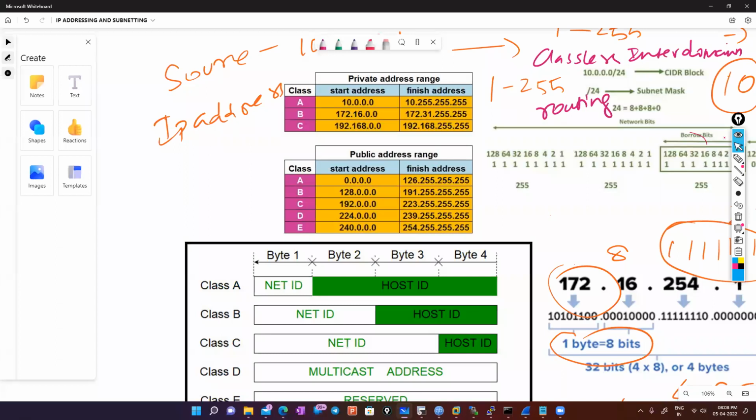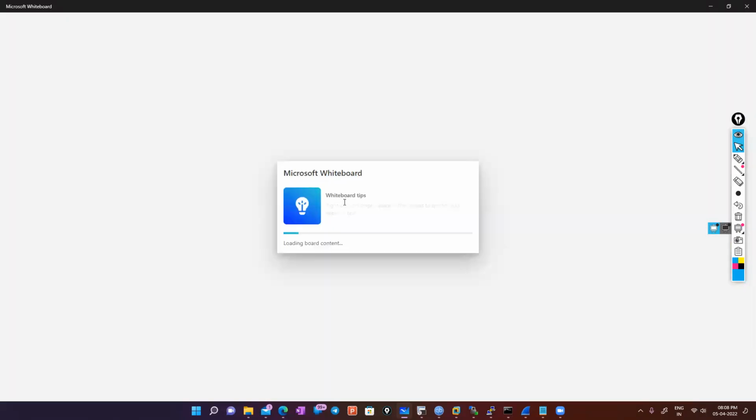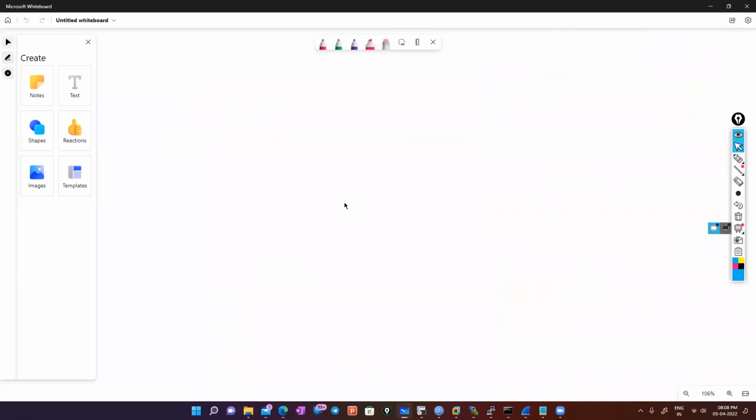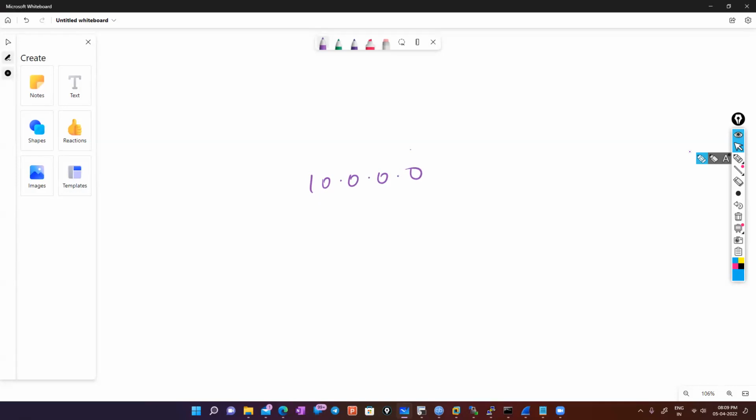So if you actually see this 10 network, I'll go back again to an empty whiteboard. Let's take this example. Because I said in every octet we have 8 bits, it forms 32-bit addressing, right?